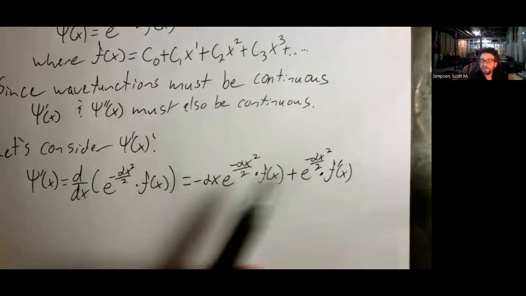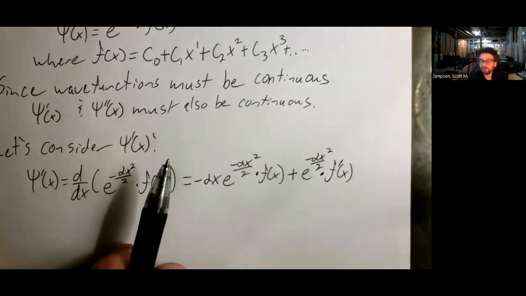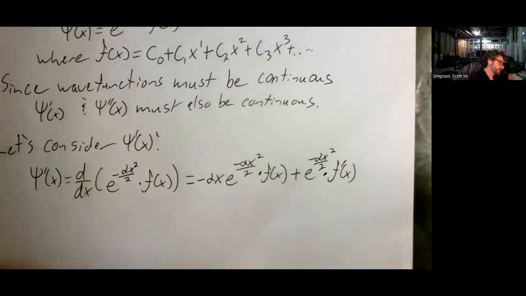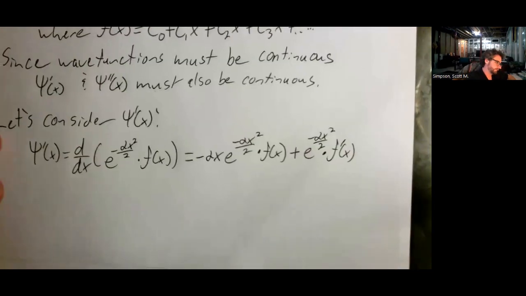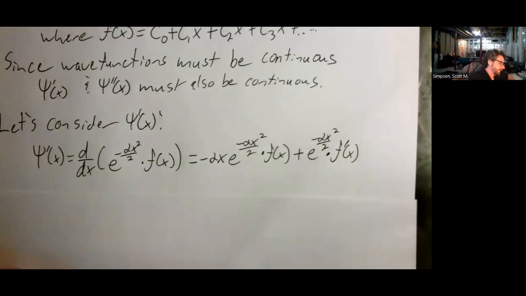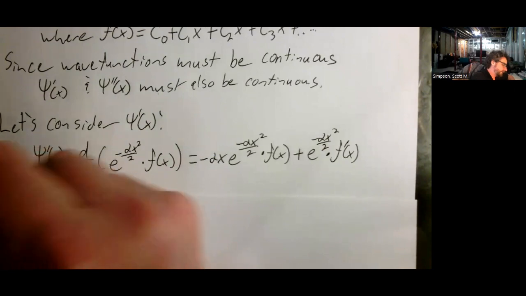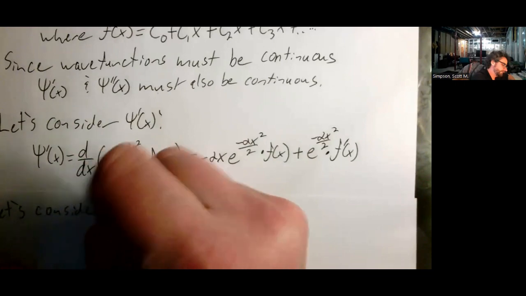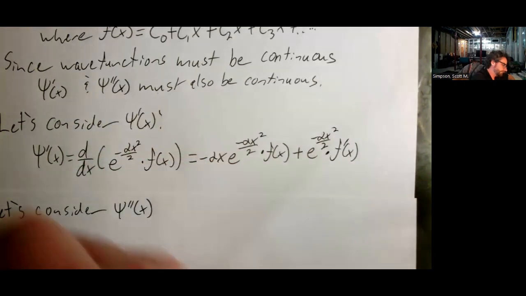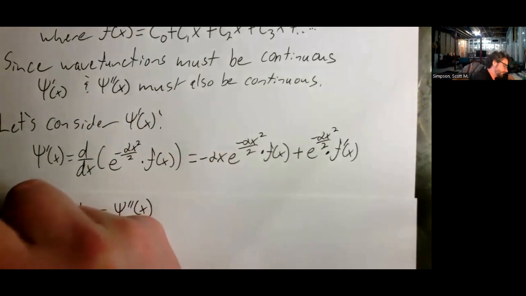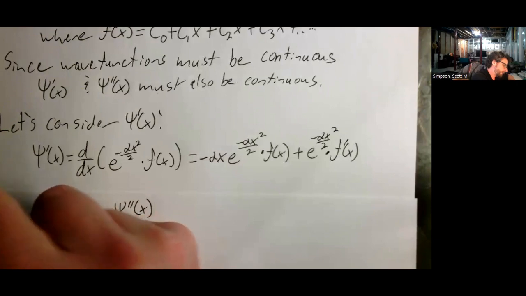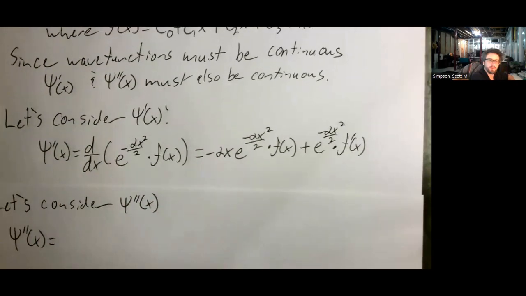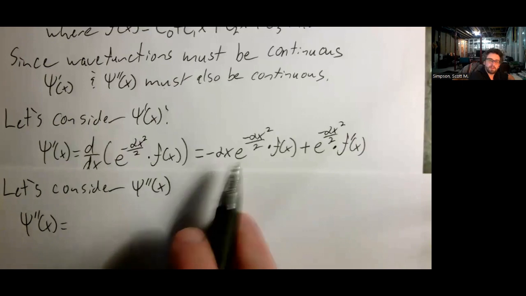That one's easy. Looking at this thing, you can guess the second derivative is a little more ugly. So let's consider the second derivative. So we already took the first derivative up here.